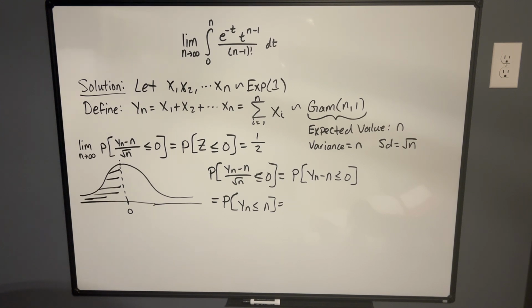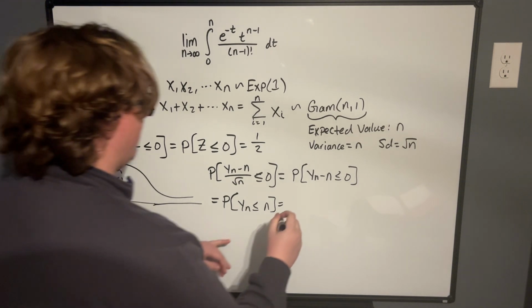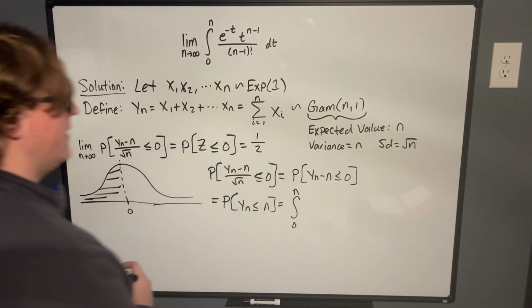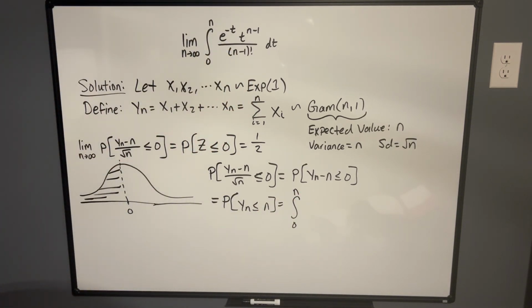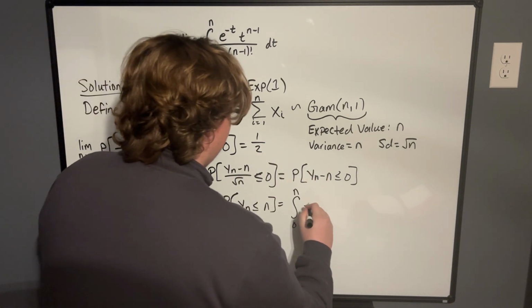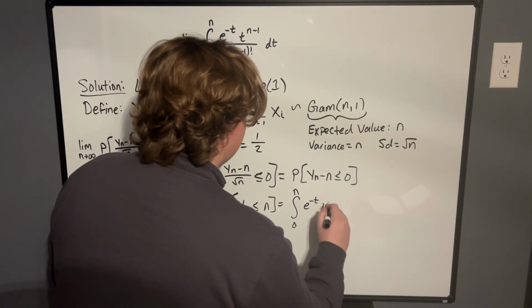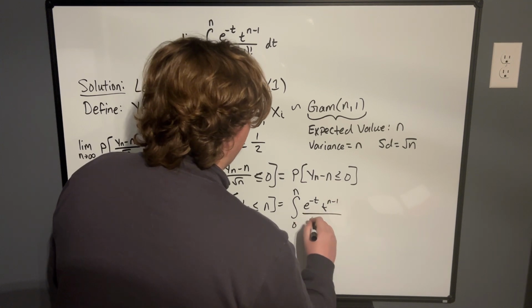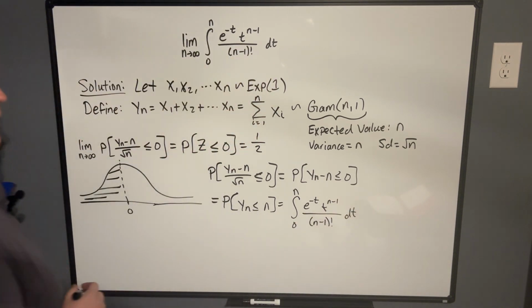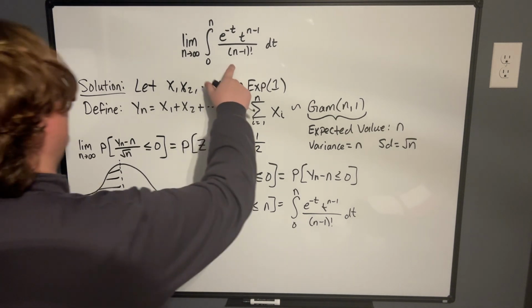So when we look at this gamma distribution, we just need to integrate its probability density function from 0 to n. For a gamma distribution with parameters n and 1, the PDF is e to the minus t, t to the n minus 1, over n minus 1 factorial. Then we integrate that with respect to t, and that is exactly this integral right here.